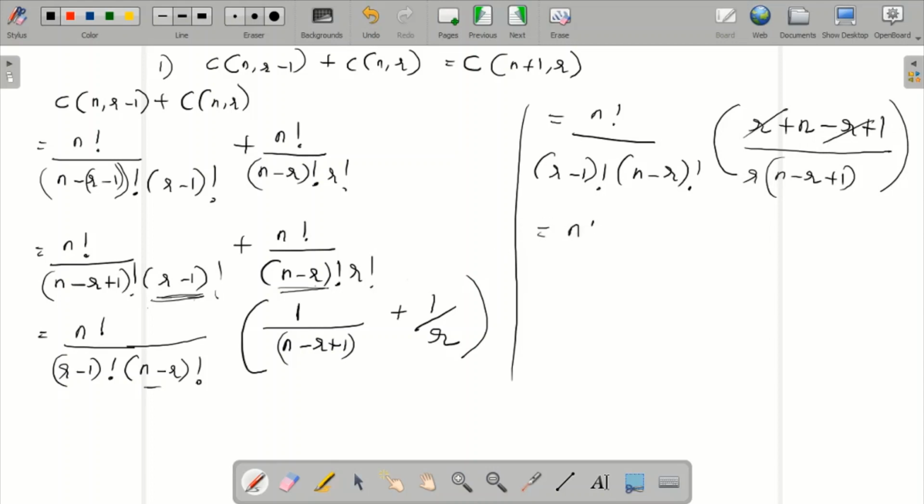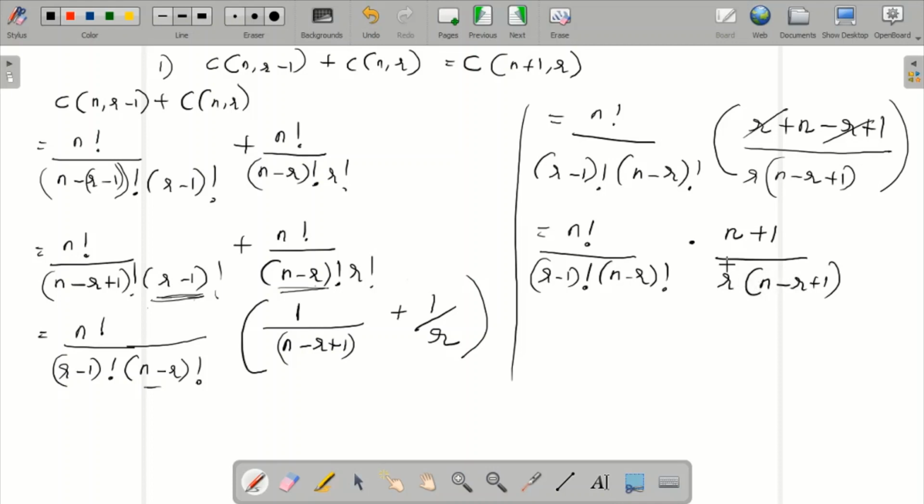So it would be nothing but n factorial divided by r minus 1 whole factorial into n minus r whole factorial into n plus 1, divided by r into n minus r plus 1. Okay, so you got it as n plus 1 over r into n minus r plus 1.